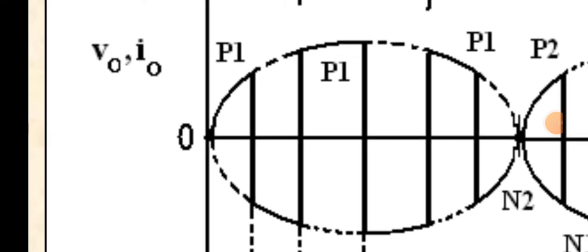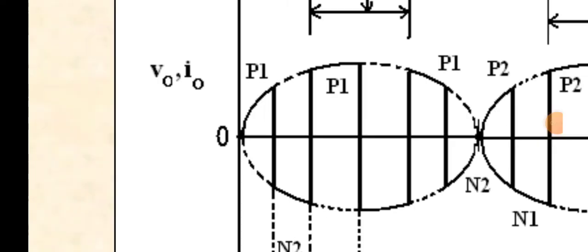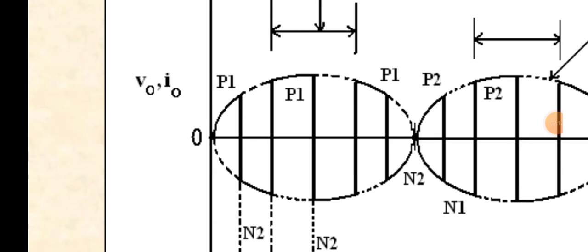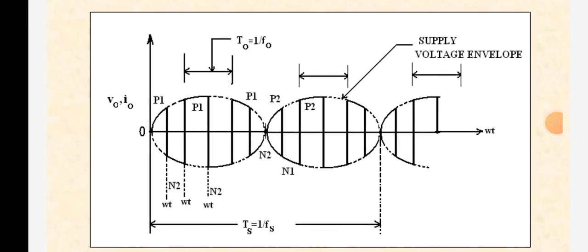the load voltage is positive with terminal O negative. Therefore, the load voltage now follows the positive envelope of the supply voltage.